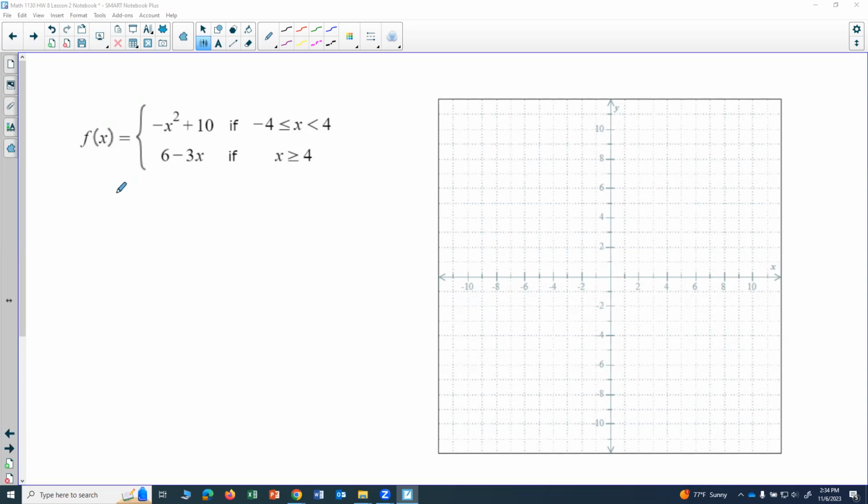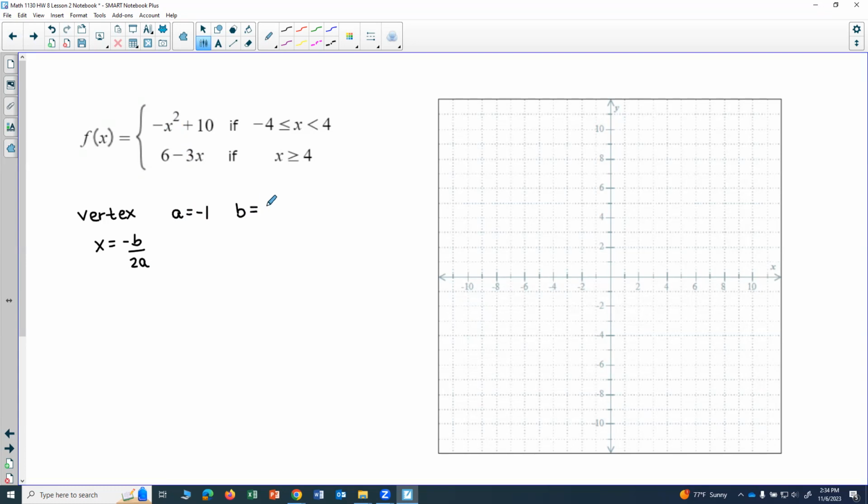So for the first part, I know that this is going to be a parabola because I have a quadratic. So I want to first go ahead and find the vertex of that parabola. If you recall from previous sections, the vertex happens when x equals negative b over 2a. Now, in this quadratic, my a is negative 1 because I have the negative x squared.